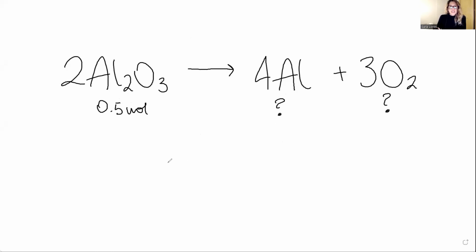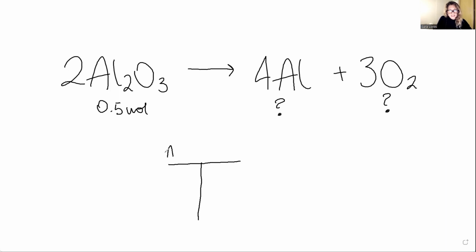I would suggest you get used to setting it up in a little table. The more practice you do, you won't need a table. You will be able to calculate the moles in one step. But when you start these calculations, or if you just want to be tidy, or for example in an exam when you're a bit anxious, just do all the steps. It's really important not to miss any step.